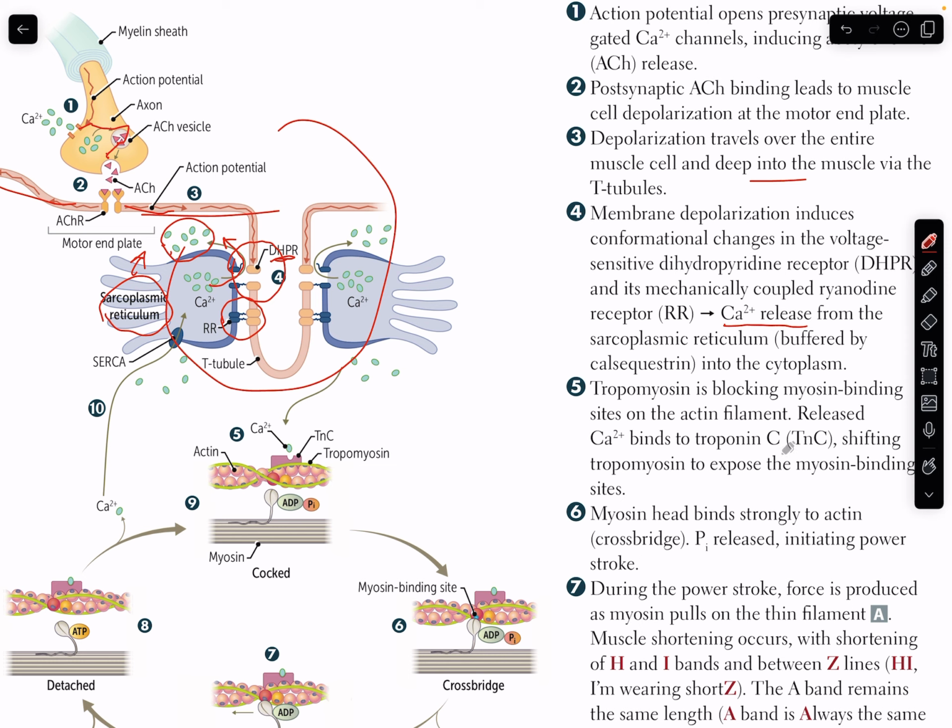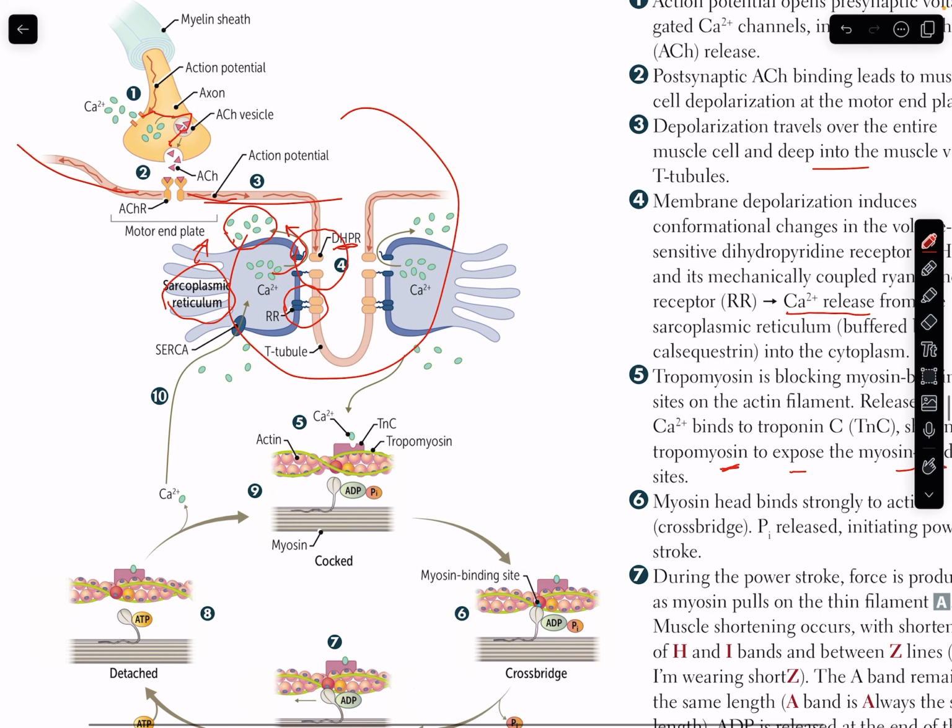Tropomyosin is blocking the myosin binding site on the actin filament. Released calcium binds to troponin C, shifting tropomyosin to expose the myosin binding site. So we said that the main goal is releasing this calcium from the sarcoplasmic reticulum. Why?